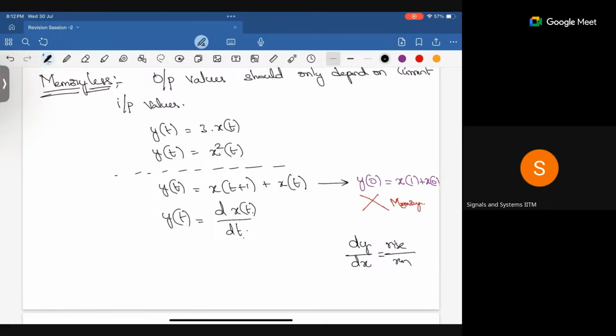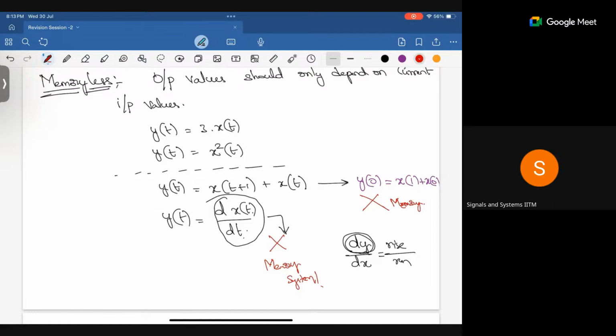So this dy is a small difference between the previous and the next value. In order to compute dx of t by dt, we need two values of input, the current and the previous one. For that reason, this becomes a memory system. I hope I'm clear.